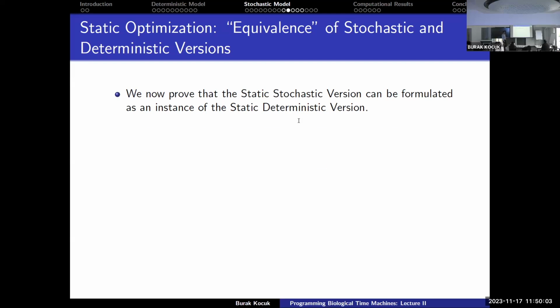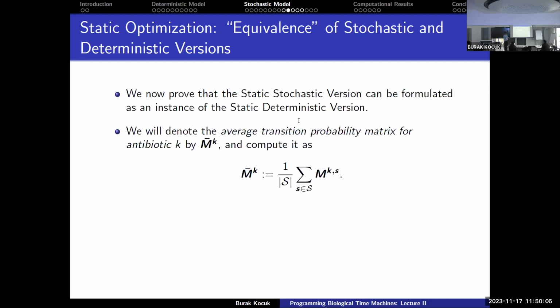And let me show, to explain this, let me define the average transition probability matrix. So I've already shown you an example. But this time you take the average over the whole index sets. So this is an average of R to the power B matrices.